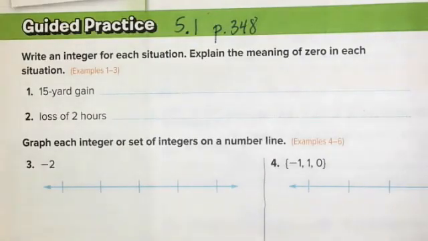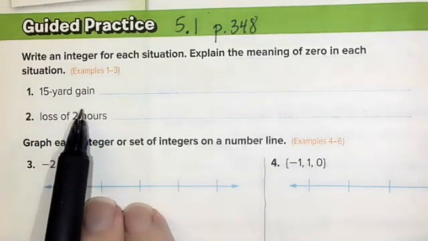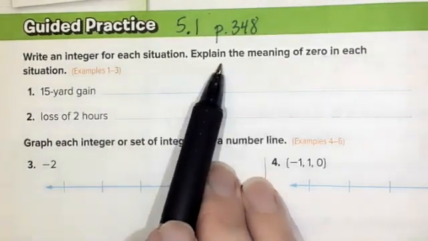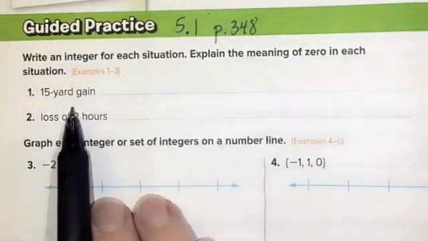All right, so now we are looking at Chapter 5, Lesson 1, Guided Practice on page 348, integers and the coordinate plane, integers and graphing. So number 1, a 15-yard gain. And we are asked to write an integer for each situation and explain the meaning of 0 in each situation.